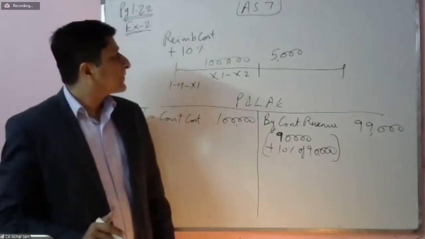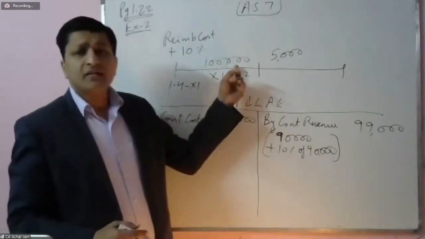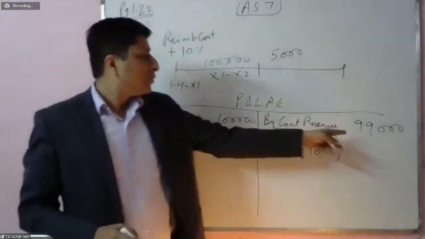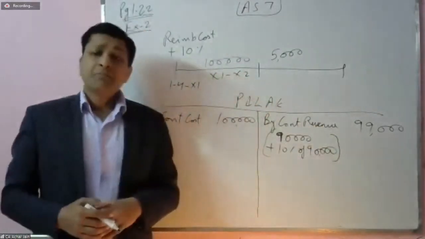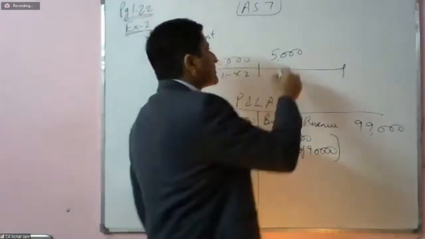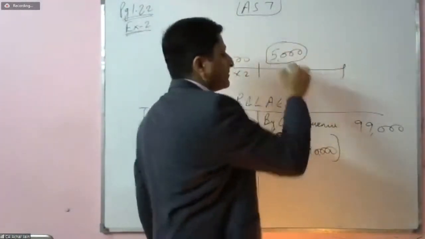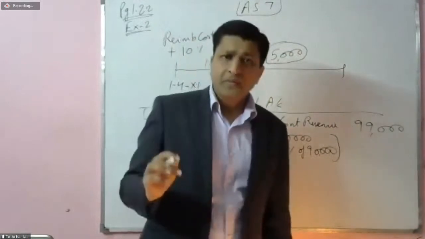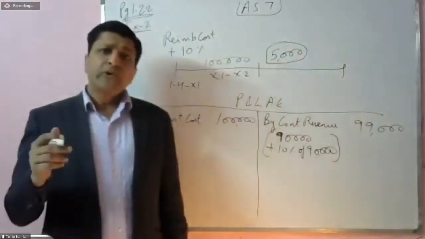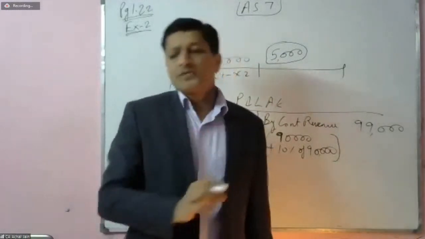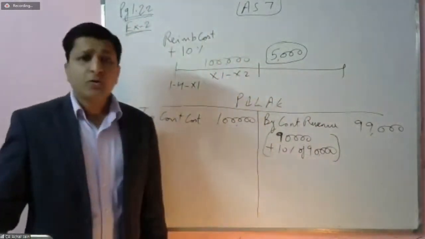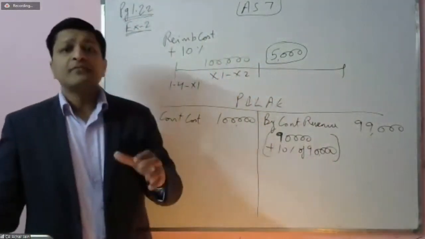Why? Because 1 lakh has been incurred, on which only 99,000 is available as the revenue, plus 5,000 is also expected to be incurred, bare minimum. So the total cost is going to be minimum 1,05,000.